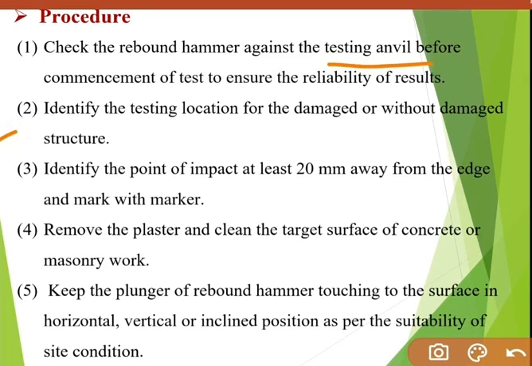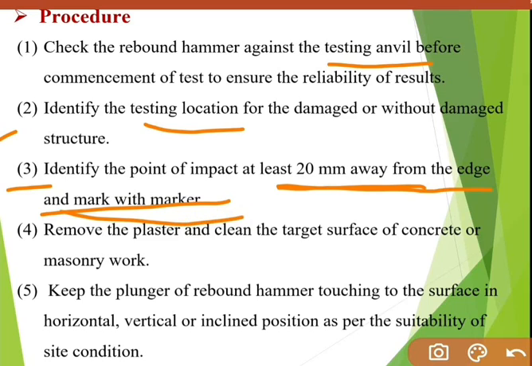Second, identify the testing location for damaged or undamaged structure. Find out the testing location where we are going to do the rebound hammer test. After that, identify the point of impact at least 20 mm away from the edge and mark with the marker. The testing place should be 20 mm away from the edge and you have to mark it with the help of marker.